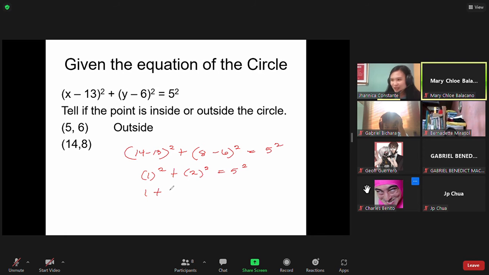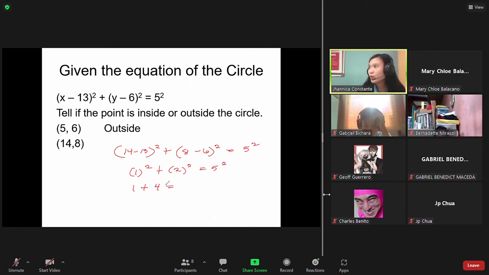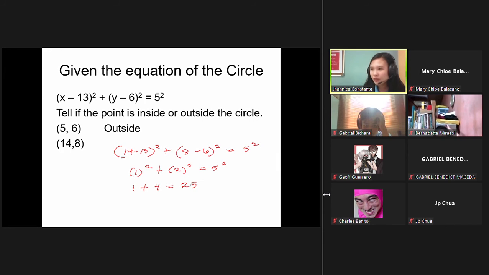Okay. So we have 2 squared, which is 4, and 5 squared, which is 25. So 1 plus 4 is equal to 5 and 25. So the symbol that we're going to use here is less than. Since 5 is less than to 25.